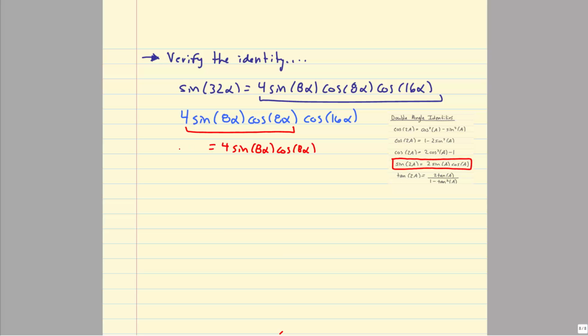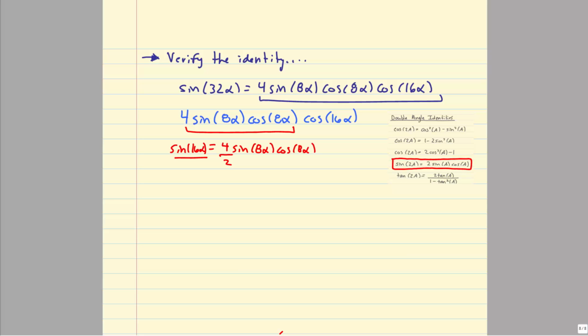That would equal the sine of 2 alpha. Actually, it's going to be double that, so 16 alpha over here. And this has to be a 2 in order for this to work. So I'd have to take this 4 and, to make it into a 2, have a fraction on the other side. Let's see if we can simplify that.